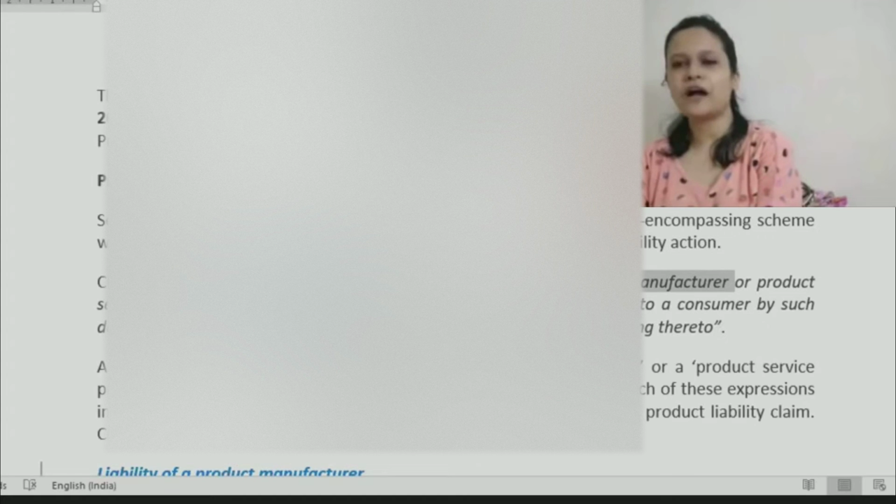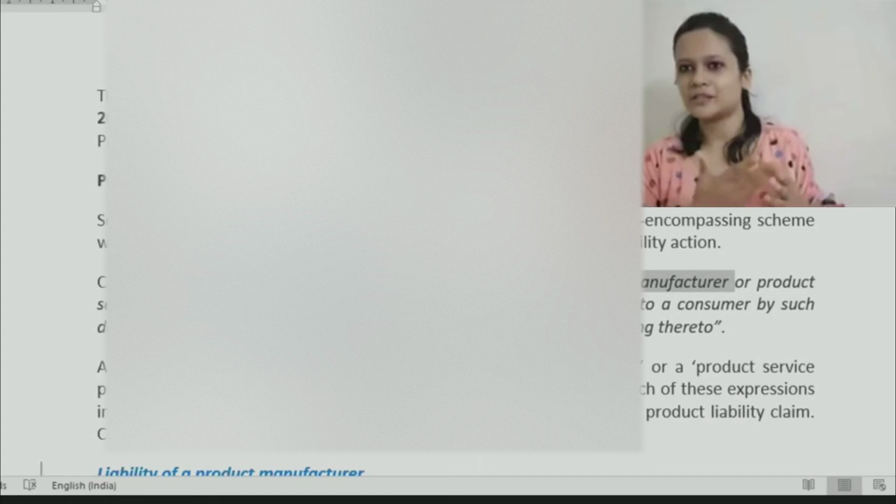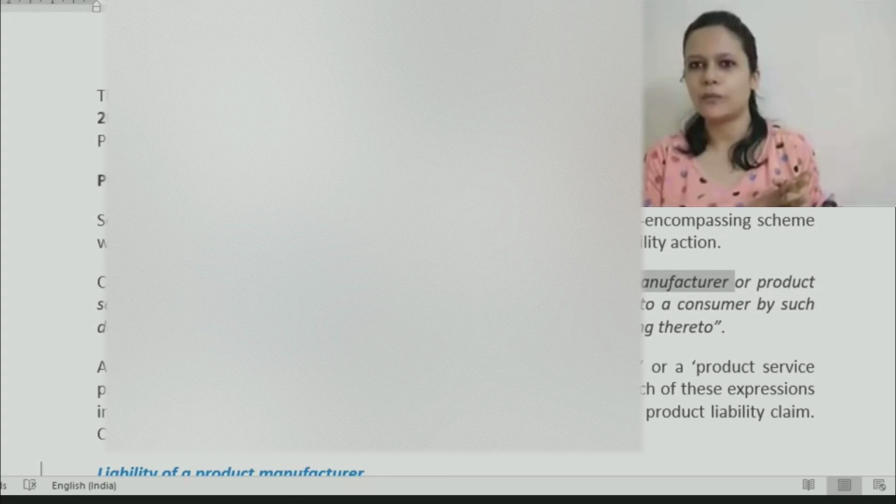You might have come across this, that there will be a series of tests done before a product is finally released and made open for the public. For example, if I have designed an AC, I would not just make it in one night and then keep it open for the public.